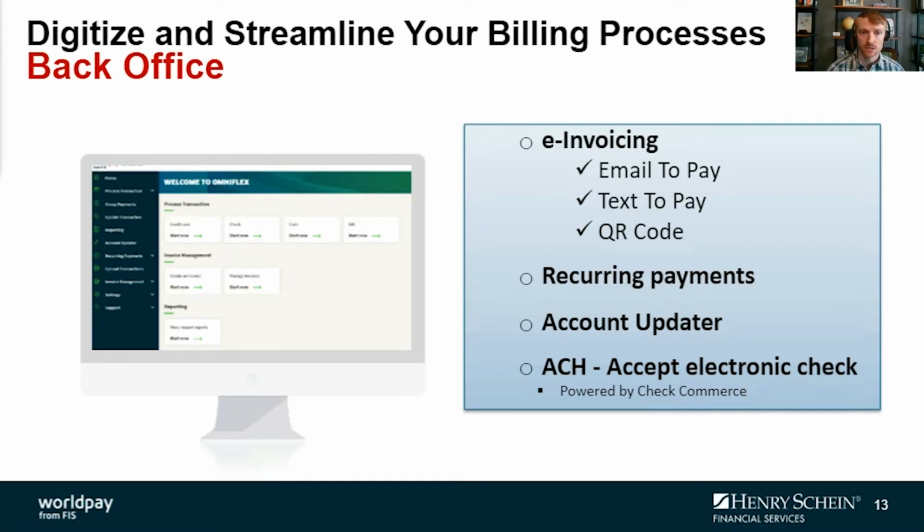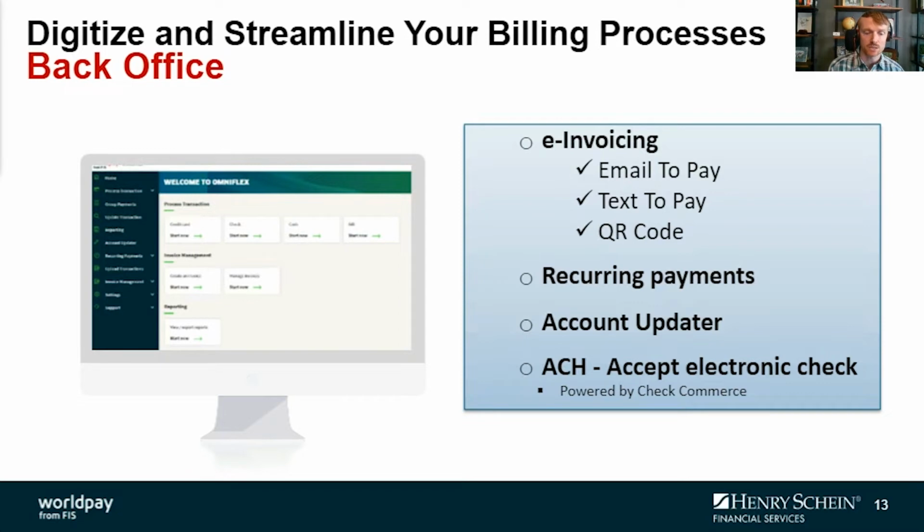So whether you're pushing out emails to pay instead of physically mailing out the statements, another form factor in that scenario is just texting to pay, where your customer would receive that link with the balance already owed, click the link, open it up, make a payment. Or also sending out that electronic invoice with a QR code. You simply bring it up like you do today with the QR code, it has your balance owed, and you'd make a payment. Recurring payments, we touched on that for the use cases there.